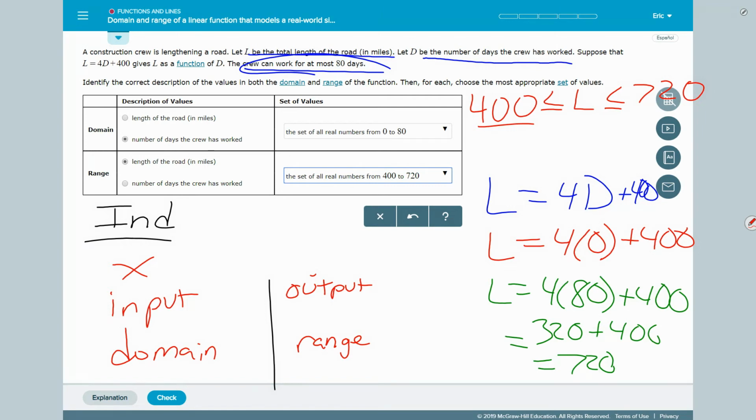You would find the inequality that fits both your domain and your range. In this case, our domain is anywhere between 0 and 80 days, because a crew can't work negative days and they can work at most 80 days. And based on our domain, our range would be between 400 and 720.